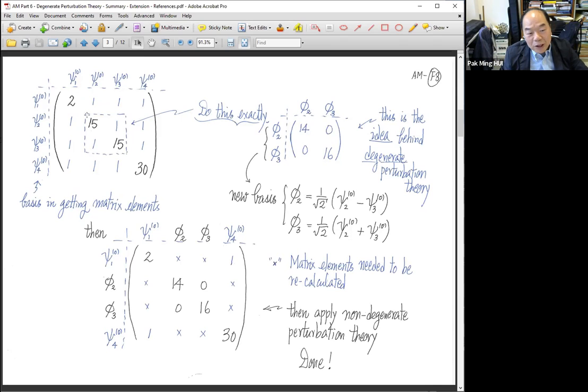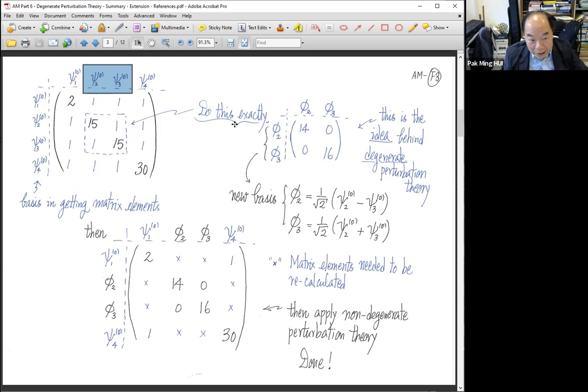When you have a situation with the same eigenvalue in the diagonal, it means this perturbation, this off-diagonal term here, will tend to mix these two basis states evenly. It means the following.